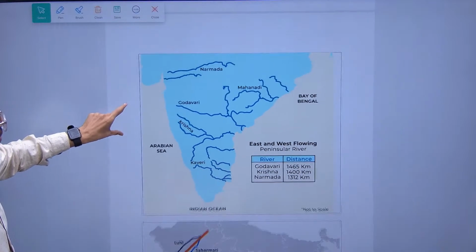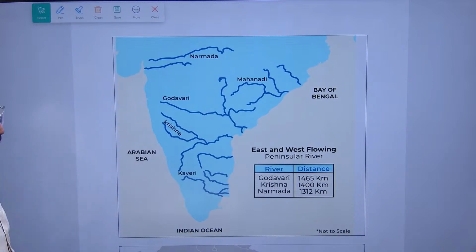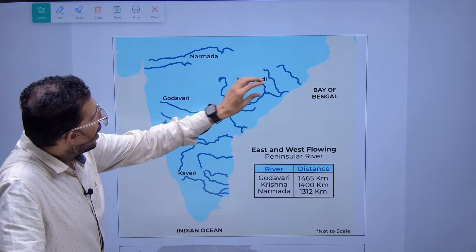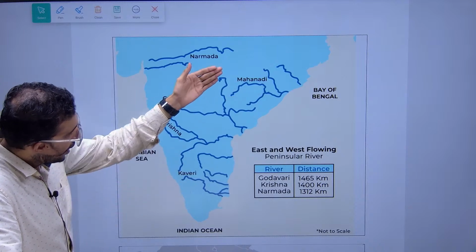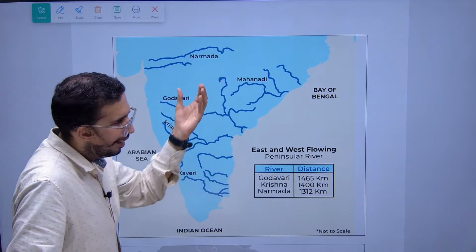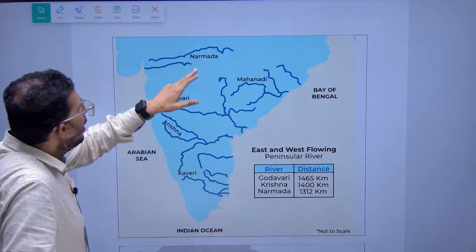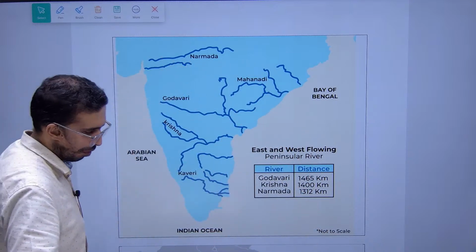So observe this, the Peninsular river system. Just observe the map. Observe the Mahanadi, Godavari, Krishna and Kaveri, their extension, the sequence from north to south, and as compared to the Narmada and Tapi also.